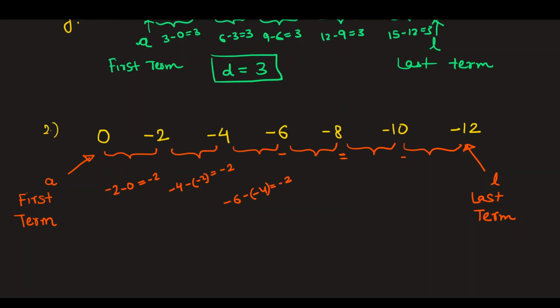We can find common difference from this one also. Say minus 10 minus of minus 8, it is again minus 2. So its small d, that is common difference, is minus 2. Okay.